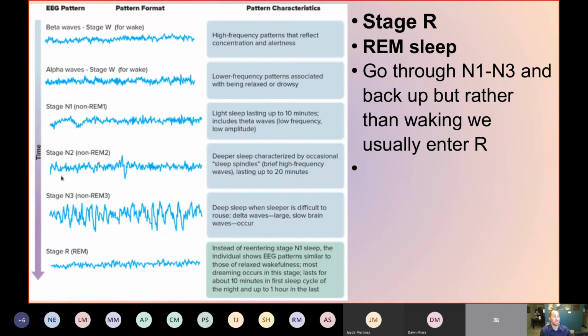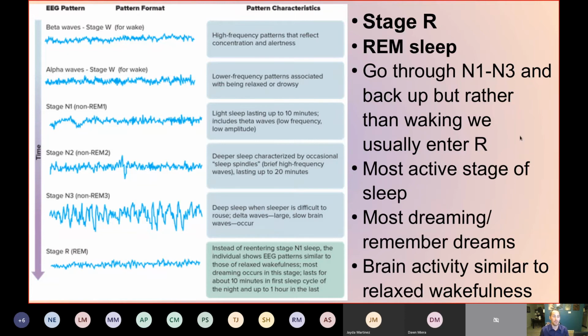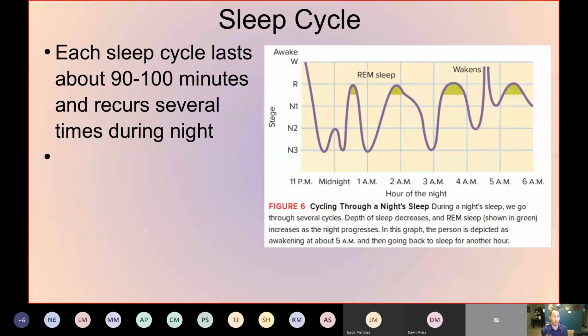Then we go back up to stage N2, stage N1, but then instead of waking up, we go into REM sleep. It is the most active stage of sleep. As you can see, the brain waves are pretty similar to our wakeful waves. This is usually when we remember the most dreams, and the brain activity is most similar to our wakeful activity.